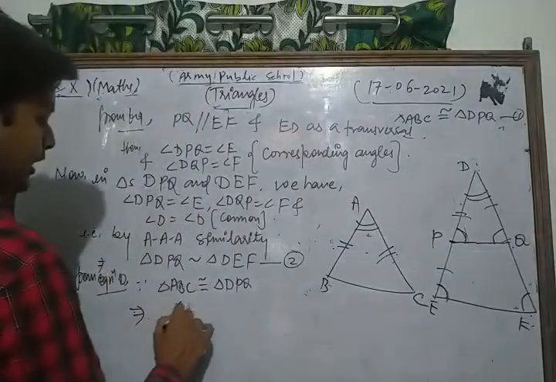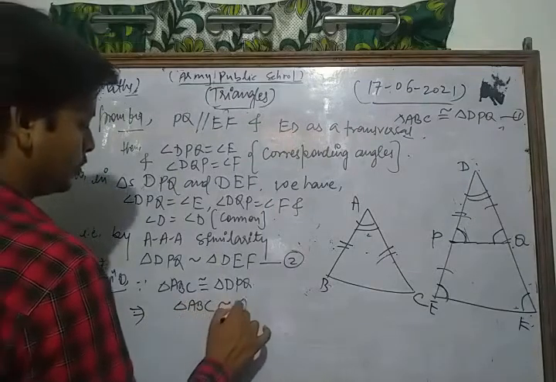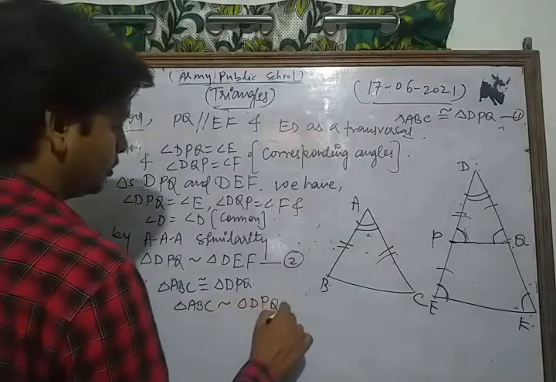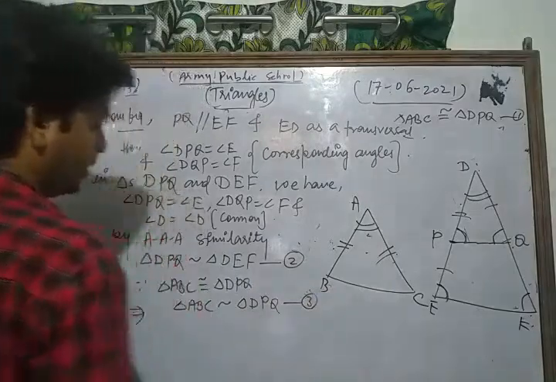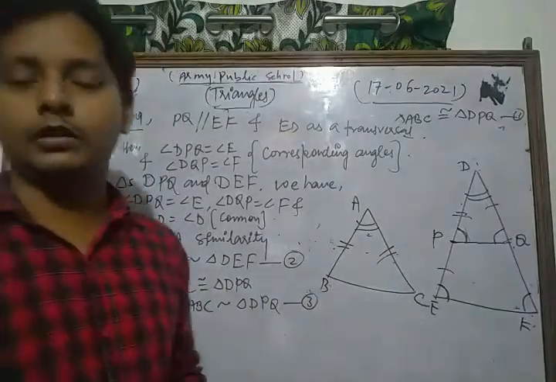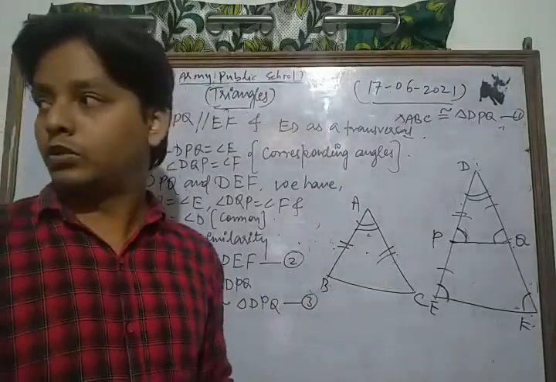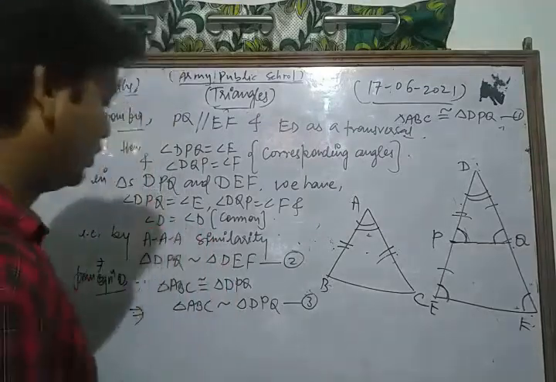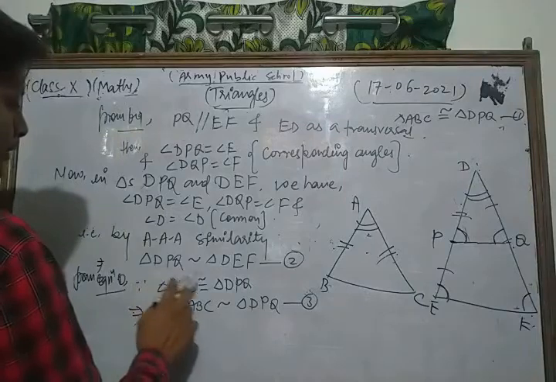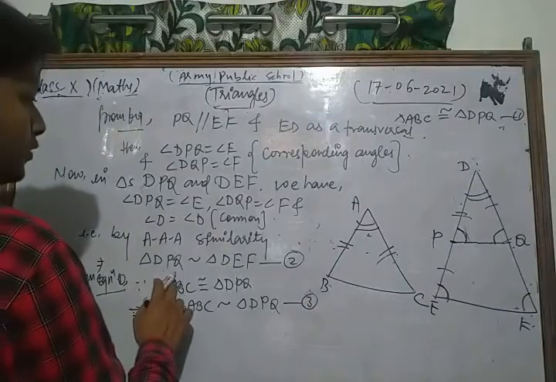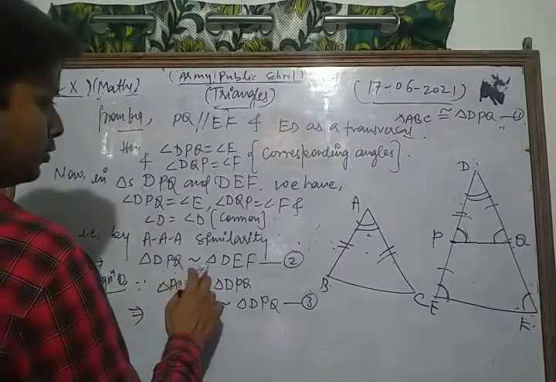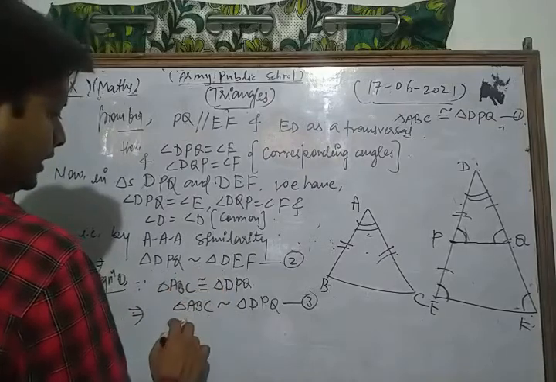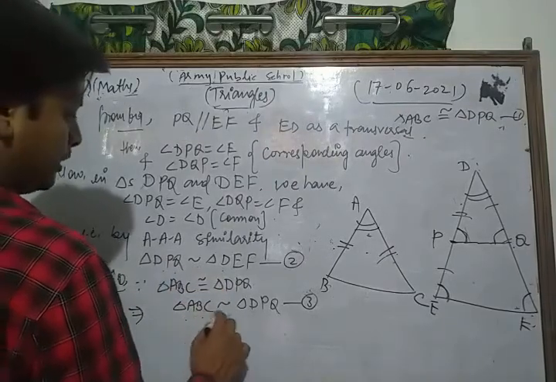So triangle ABC is similar to triangle DPQ. Take this as equation number 3. Now we have shown that triangle DPQ is similar to triangle DEF, and triangle ABC is similar to DPQ.